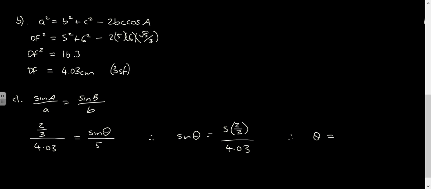So we're going to do arc sine, fraction button, 5 lots of another fraction button, 2/3. I've not typed in 5 for some reason, I've written 2, there we go, change it to 5. So 5 lots of 2/3 divided by our answer, close the bracket, and we get 55.7 degrees to 3 significant figures.